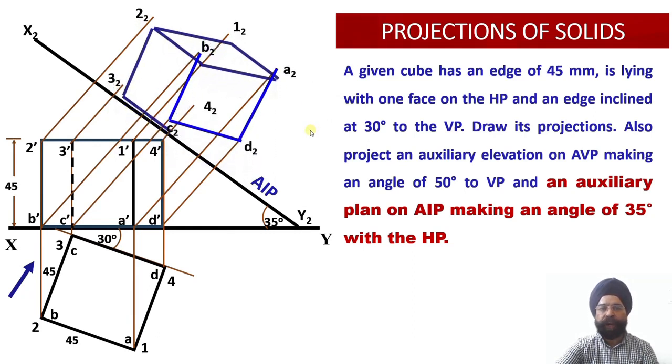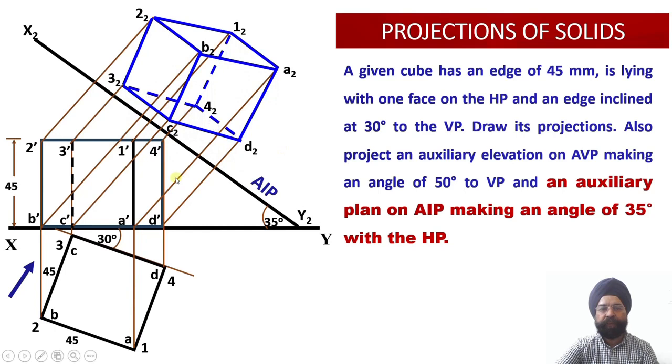These are all the points, and once you start joining, you will find that this is the point 4 2, which is lying behind basically. These three surfaces have been covered by this surface and this surface: the surface A2 B2 C2 D2, the surface 2 2 3 2 C2 B2, and the surface 1 2 2 2 B2 A2.